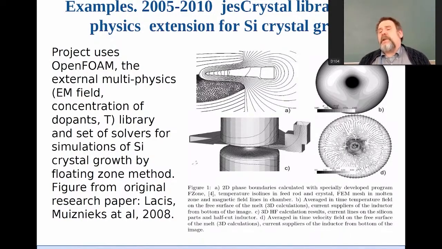They needed some kind of software to go forward with numerical simulations. It was decided that it would be open sourced, and we started with OpenFOAM at the time because it was recently open sourced, and it looked the best at the moment.